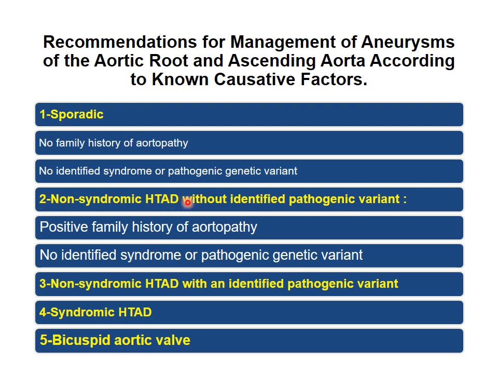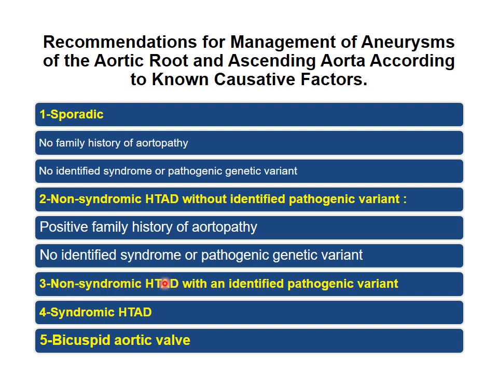The second group is non-syndromic HTAD, non-syndromic heritable thoracic aortic disease, without identified pathogenic variant. It is characterized by positive family history of aortopathy, but there is no identified syndrome and no pathogenic genetic variant.